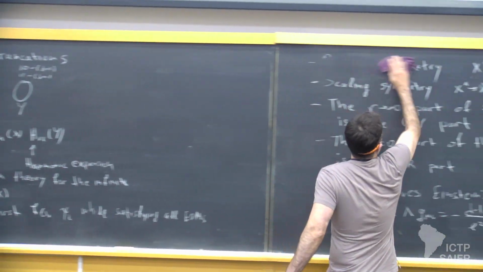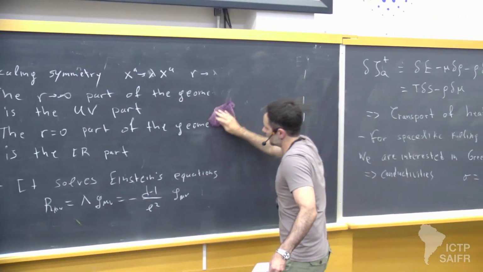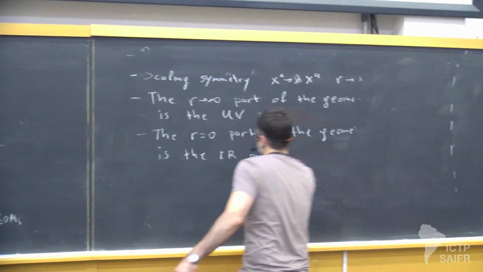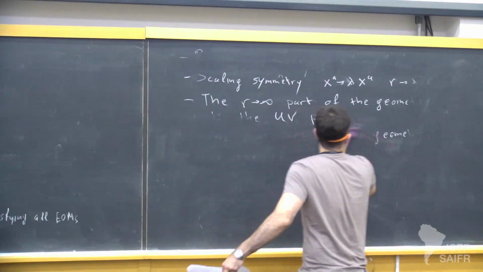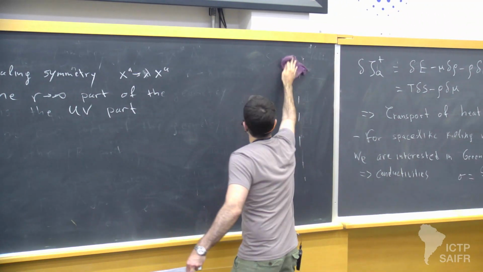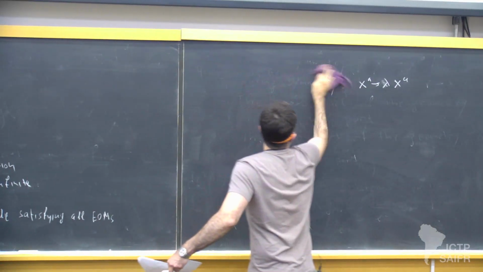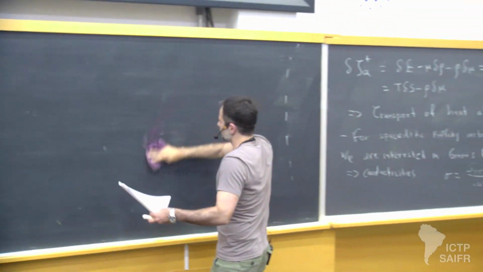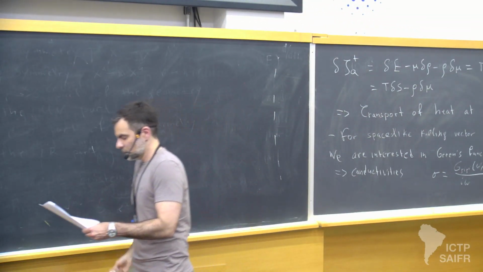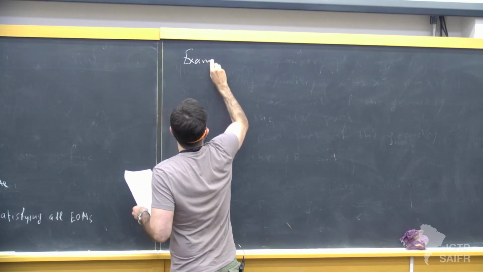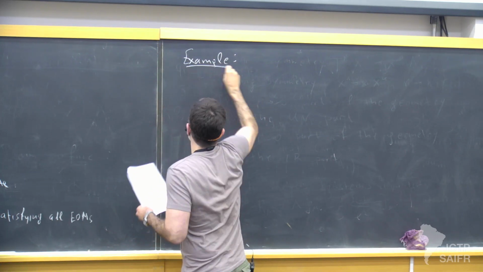So do I want to write down an example? Yeah, there is a nice example which gives you a pretty simple theory. So let's do 11-dimensional supergravity. I just want to write down the example.